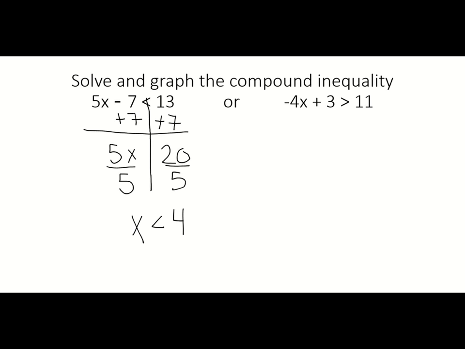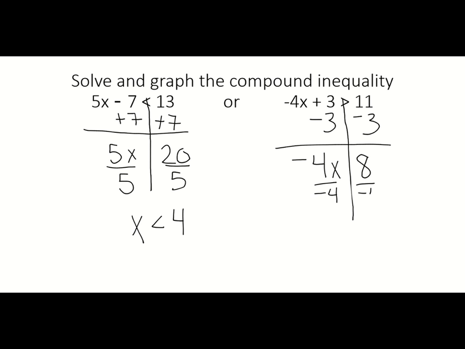Now, once I've solved this inequality, I want to solve the second inequality. The second inequality says negative 4x plus 3 is greater than 11. I'm going to draw a line down my inequality symbol and subtract 3 on both sides. So I'll have negative 4x and then 8, and then divide by negative 4 on both sides.